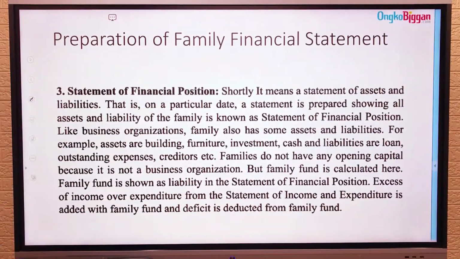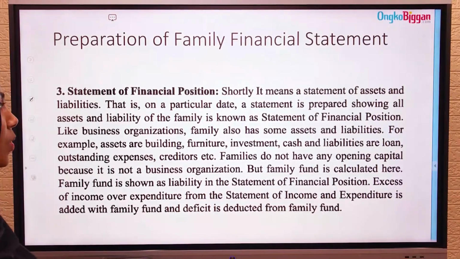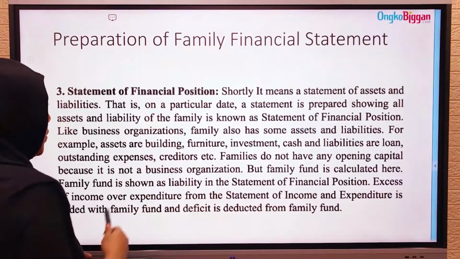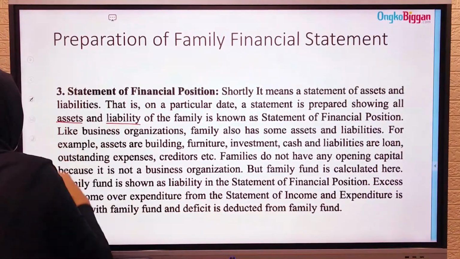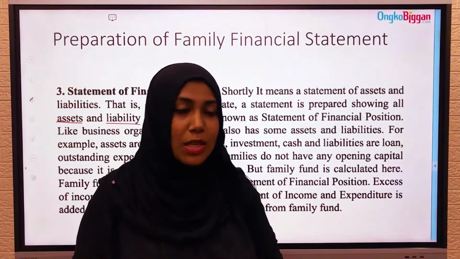Okay, and the third and last one is the statement of financial position. Shortly, it means a statement of assets and liabilities. We know that from the financial statement, right? On a particular date, a statement is prepared showing all the assets and liabilities of the family, and it is known as the financial position. Now you might have a question: where do these assets and liabilities come from? For example, I'm giving you the same example.